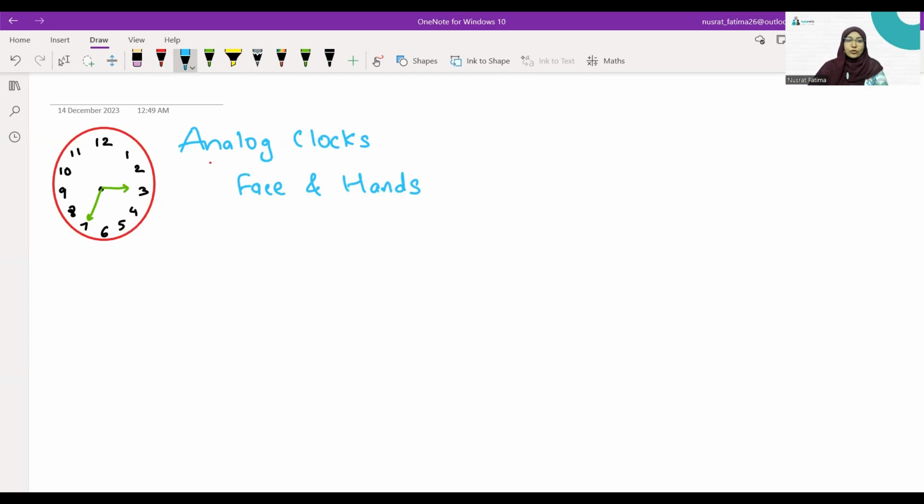Before we understand how to read time, let us understand what the face and the hands of the analog clock are. The face is nothing but the dial, the front part of the clock. You can see this circular part.